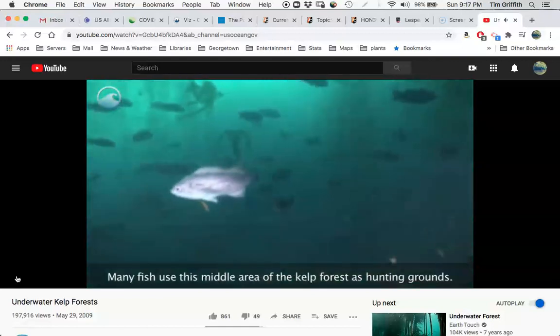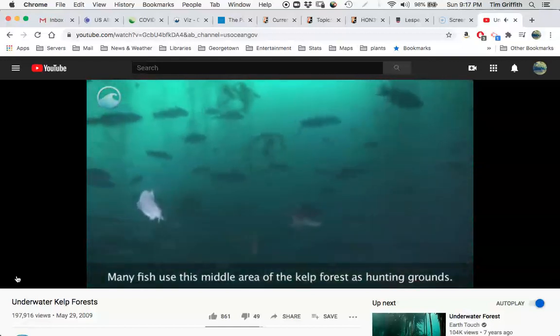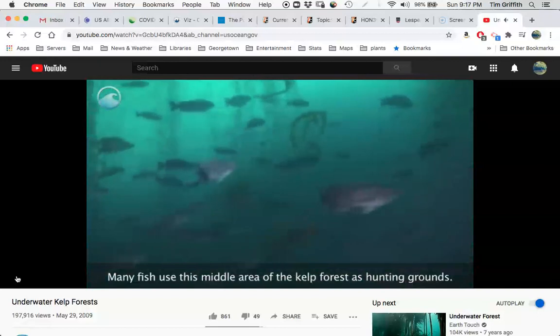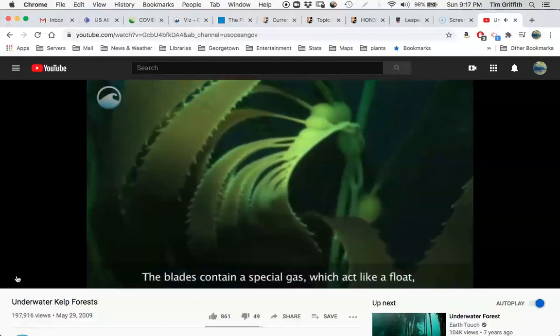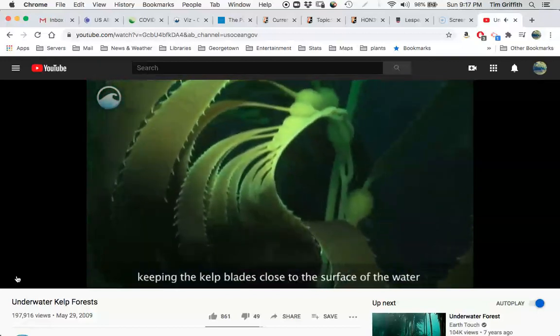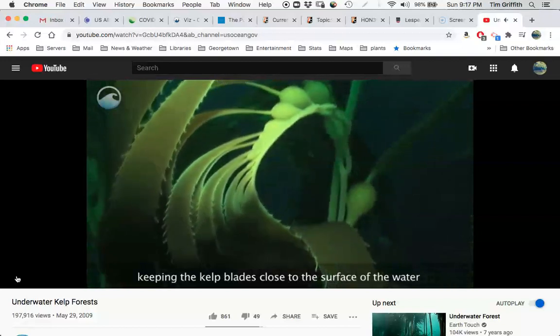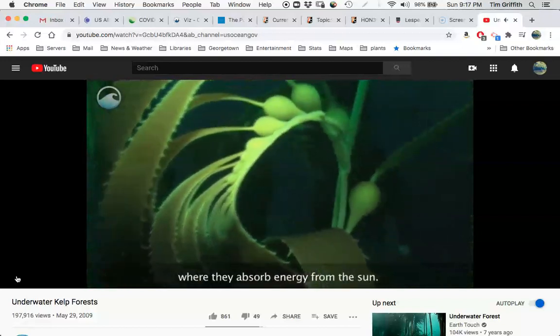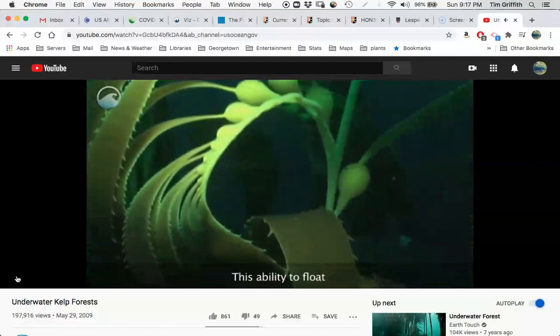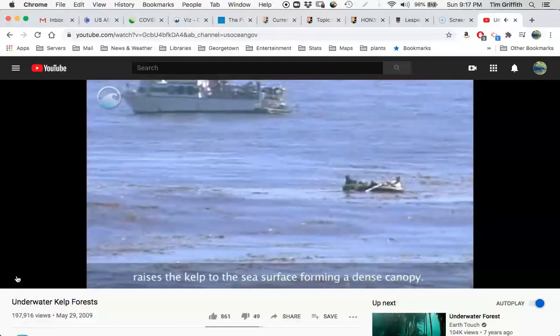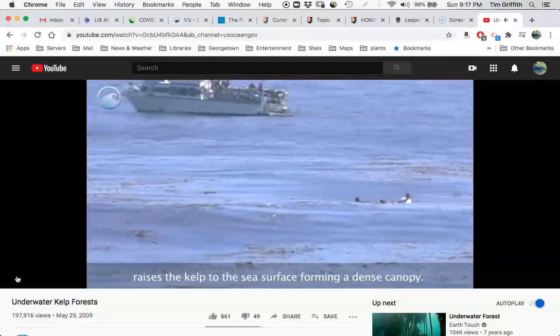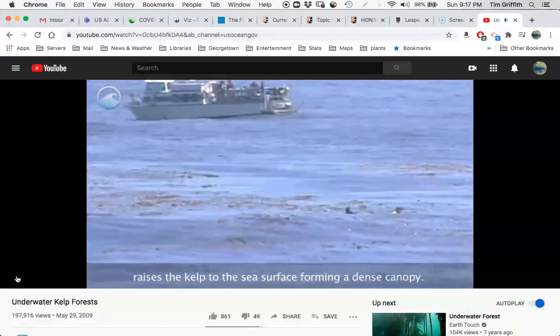Many fish use this middle area of the kelp forest as hunting grounds. The blades contain a special gas which acts like a float, keeping the kelp blades close to the surface of the water where they absorb energy from the sun. This ability to float raises the kelp to the sea surface, forming a dense canopy.